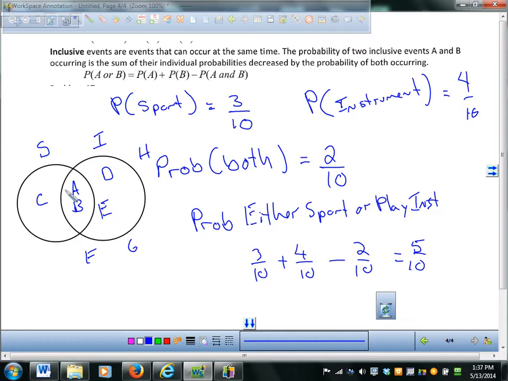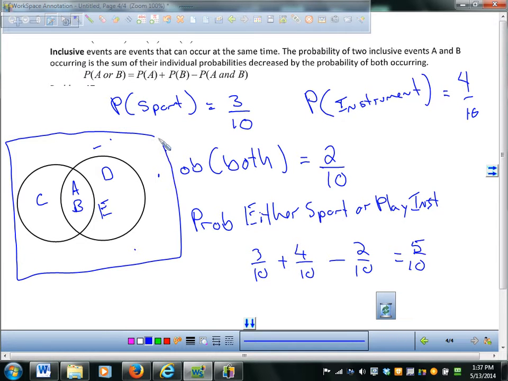There's 5 people who don't play anything, so F, G, H, I, J, and K are floating around out here.